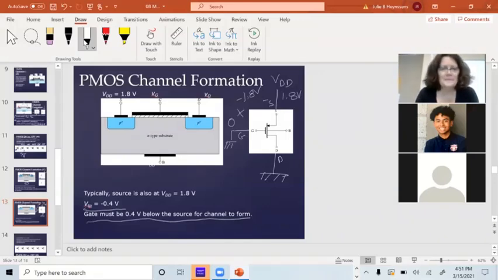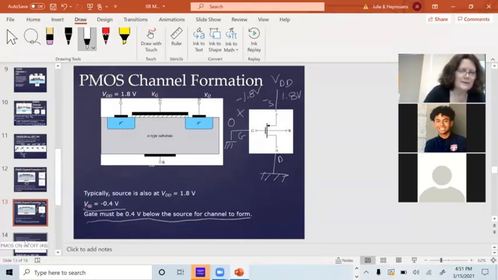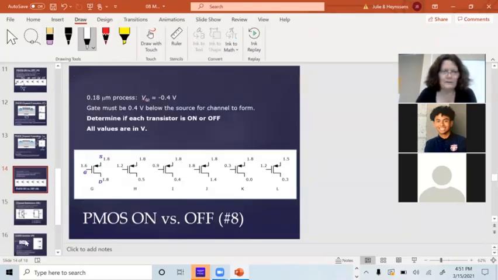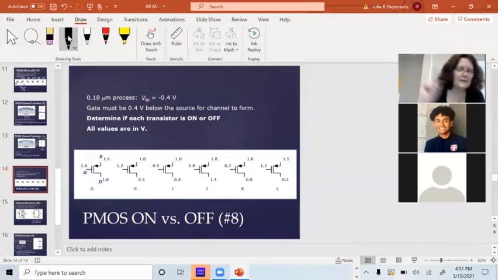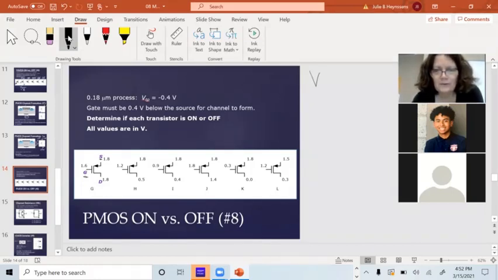Okay. Big thing here, VTP is negative 0.4 volts. Now I've drawn the transistors in the correct orientation for my worldview and most schematic designers. I've got the gate here, I've got the source here. So the question we need to answer is, is VGS less than VTP?